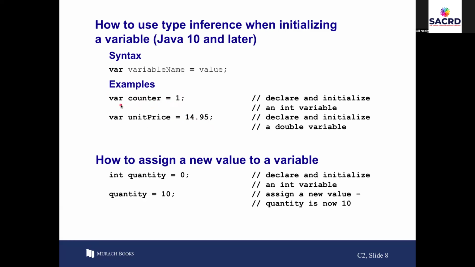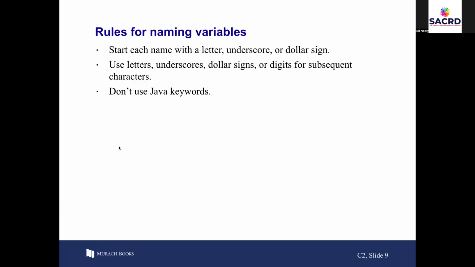We're not going to do this for now. We will use this later in the class once we get a little more experience. But for now, we're always going to be explicit about defining our data types. Always use int or double or String or whatever we're using. That's good practice at this point since you're new to this, to be really clear and explicit about the data types that you're using.